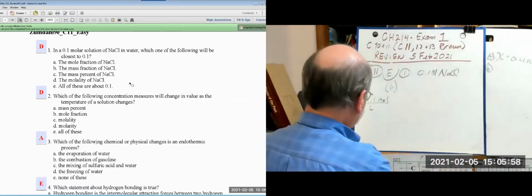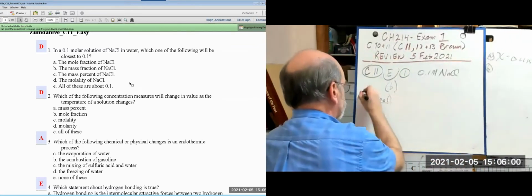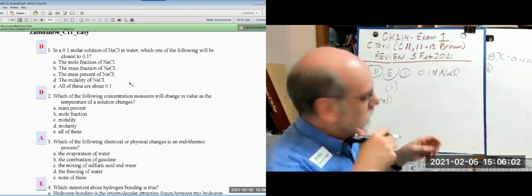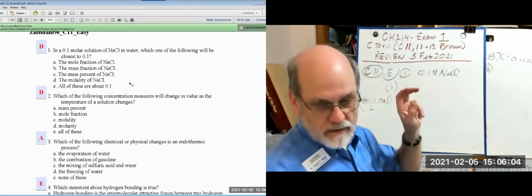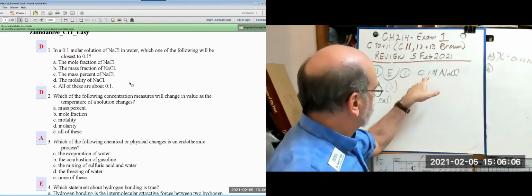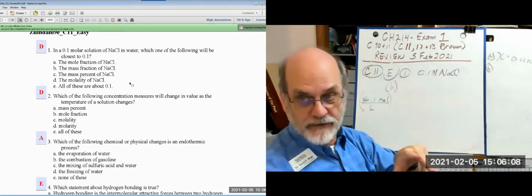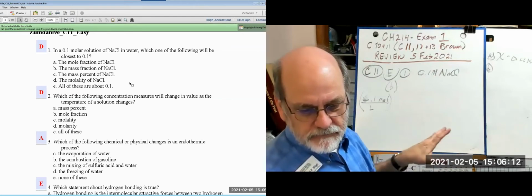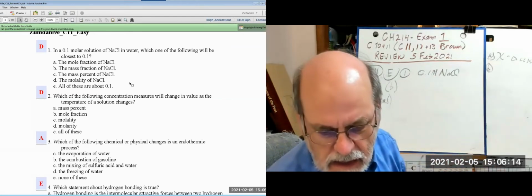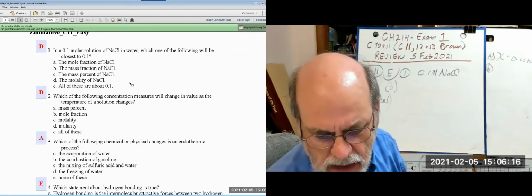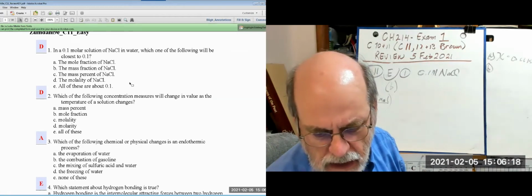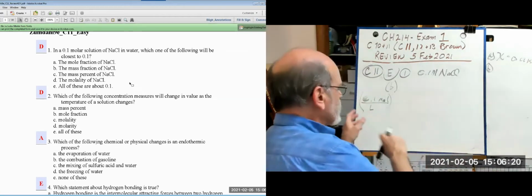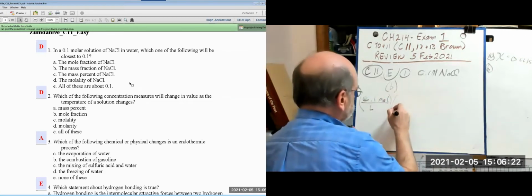There. So what we want is grams. If it's mass fraction, it's grams of sodium chloride per gram of solution. So let's say this is equivalent to water.